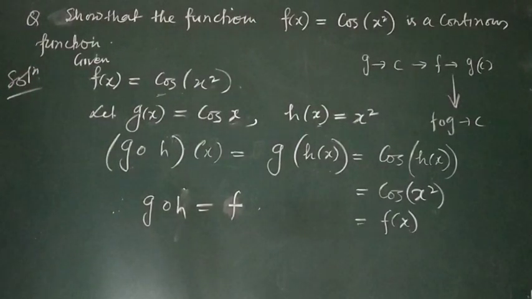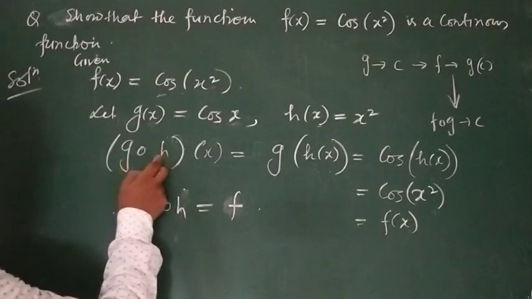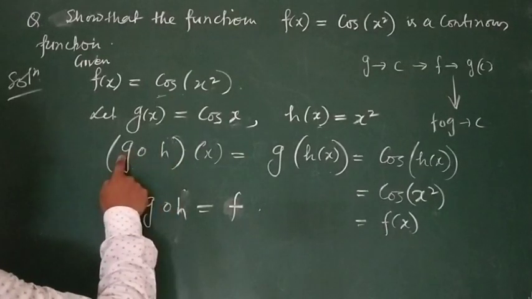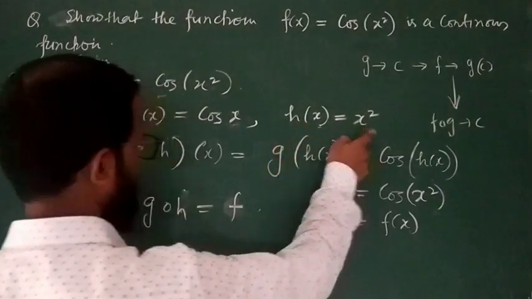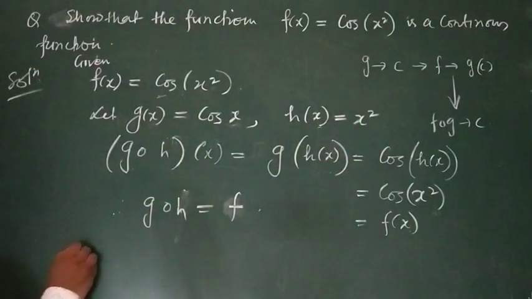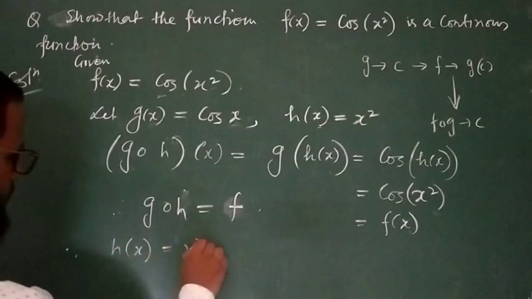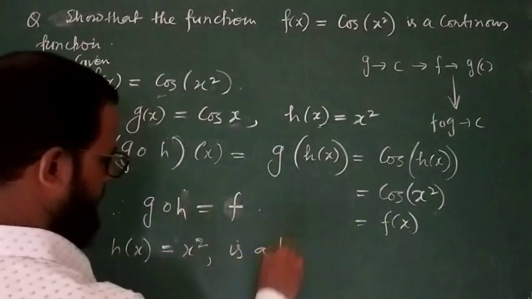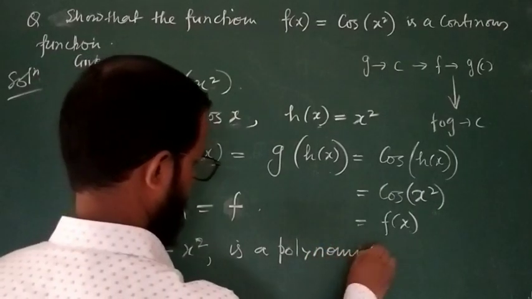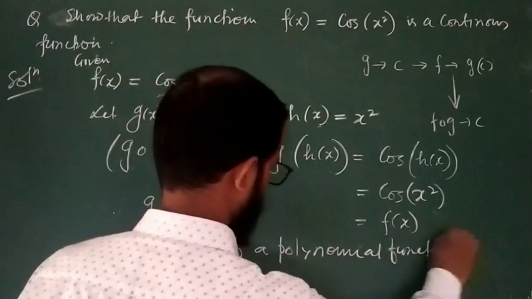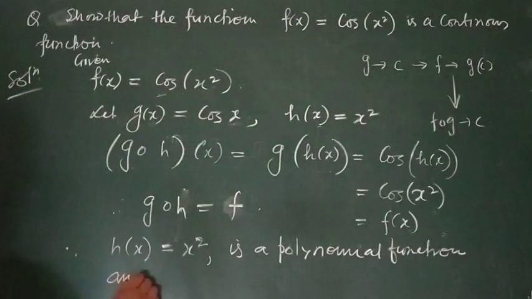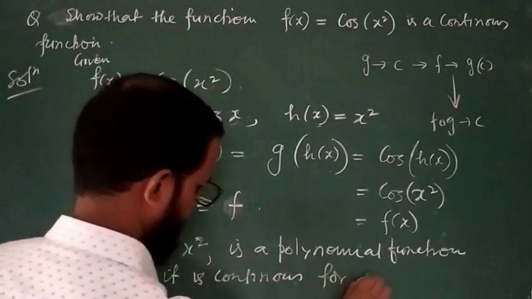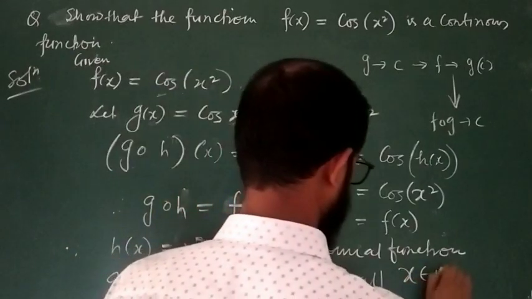Okay, so in this g composite h, in this type of composition, the starting is with h and ends by g. So first we will show that h(x) is continuous and g(x) is continuous. Since h(x) is equal to x square, and this is a polynomial function, it is continuous for all x belongs to R because the domain is the set of real numbers.